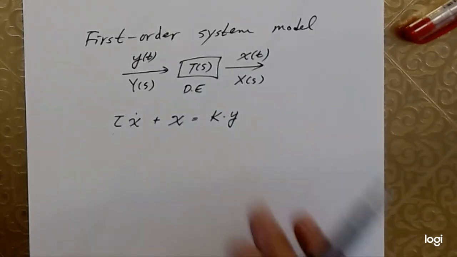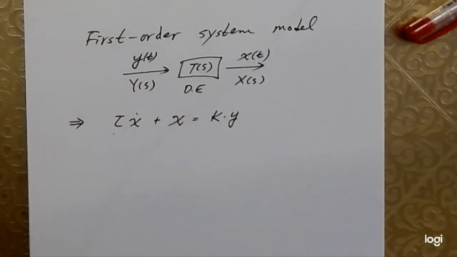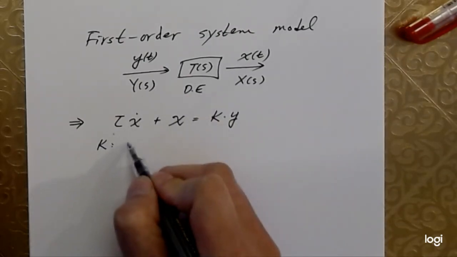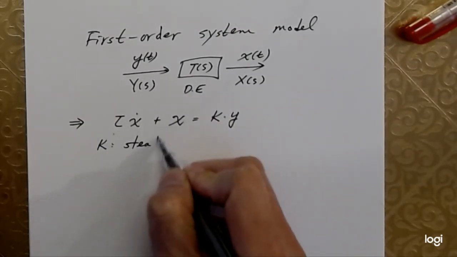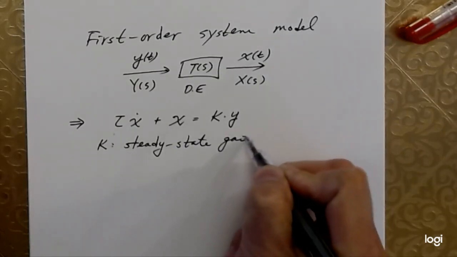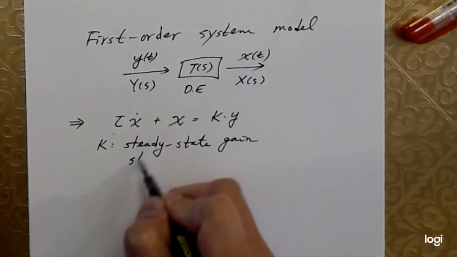Okay, so first order systems, this is the standard one, and we call K the steady state gain. Again, in measurement system we call it static sensitivity.